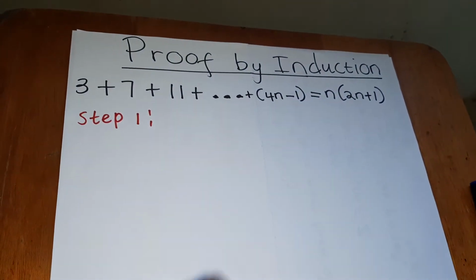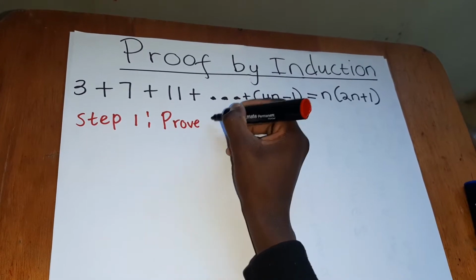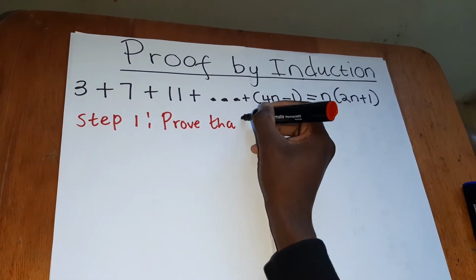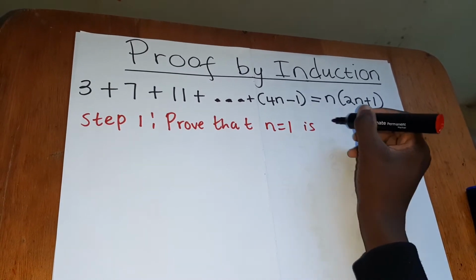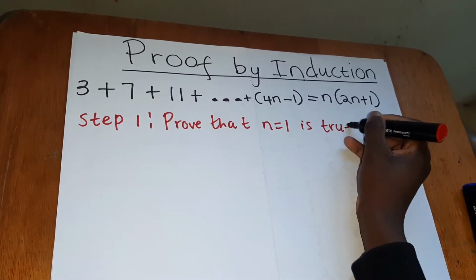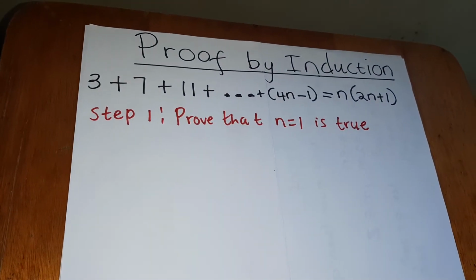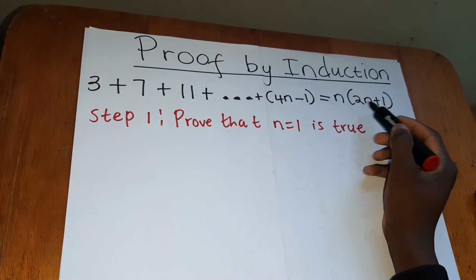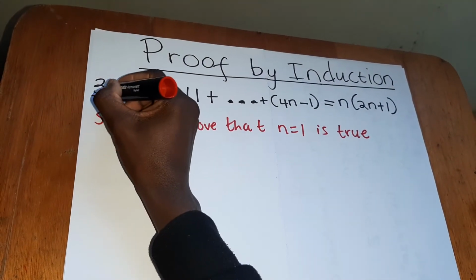Step number 1 is saying we must prove that n is equal to 1 is true. If we plug in 1 on the right hand side, we must get 3 because 3 is our first term.